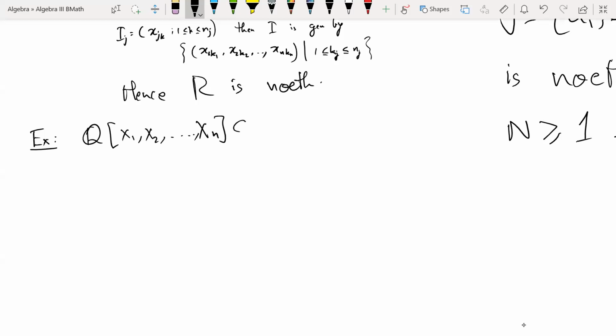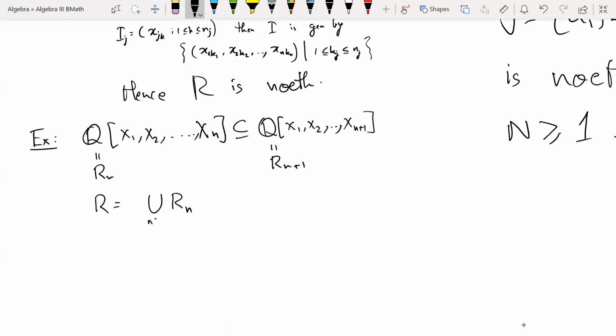This is a subring of the next one, with x_{n+1}. Let's call this Rn. So Rn is a subring of R_{n+1} and so on. You take R to be the union of Rn for n greater than or equal to 1.